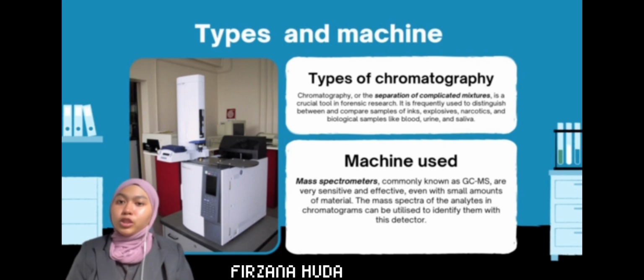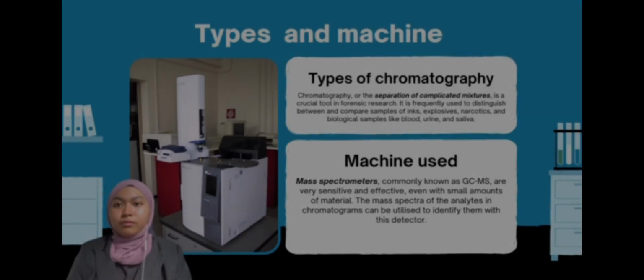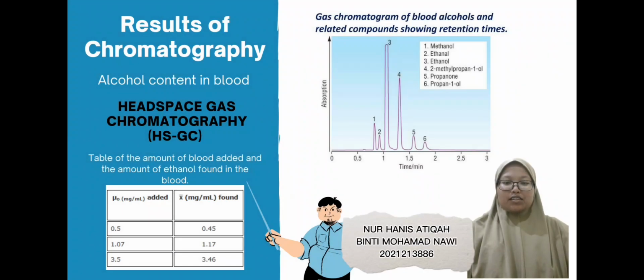And next, the machine used is the mass spectrometer, commonly known as GCMS, which is very sensitive and effective. Even with small amounts of material, the mass spectra of the analytes in chromatograms can be utilized to identify them with this detector.